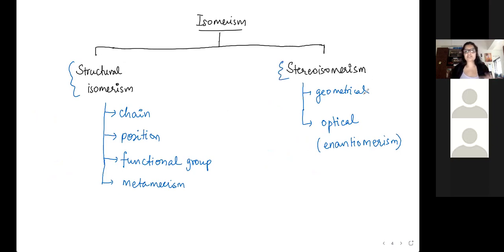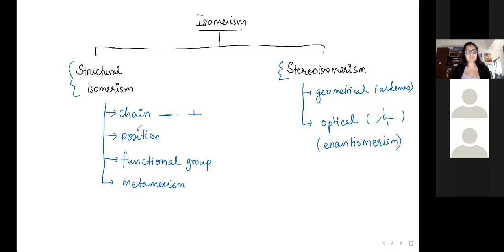In stereoisomerism, you have geometrical and optical. We saw the difference between both of those. Geometrical, remember, alkenes are the best example. Optical, when you have 4 different things attached to carbon. Structural isomerism types are fairly self-explanatory. Chain isomerism, you have a difference in the chain lengths.